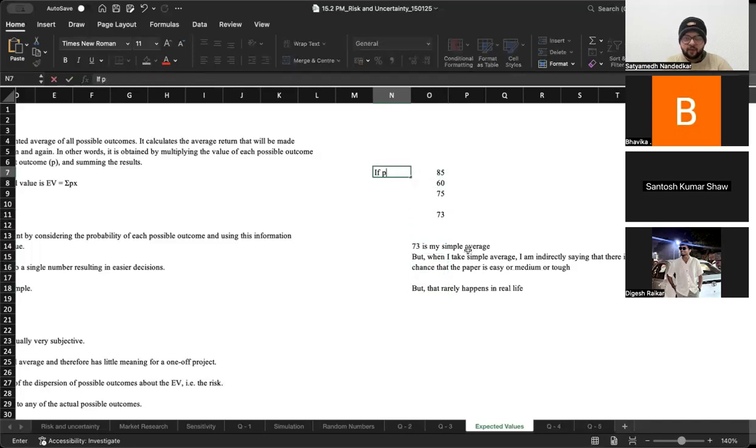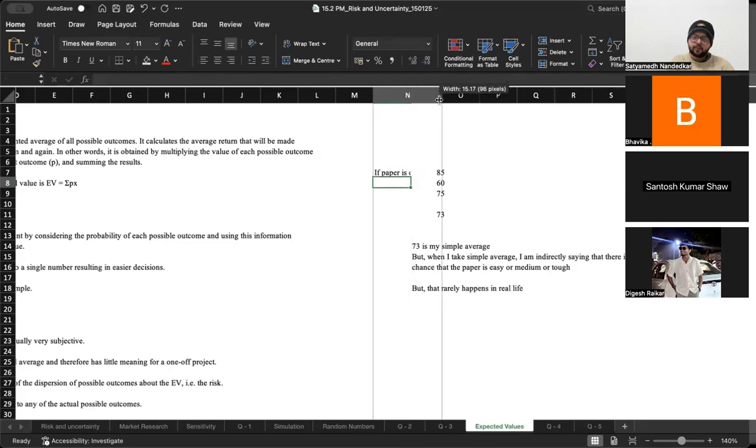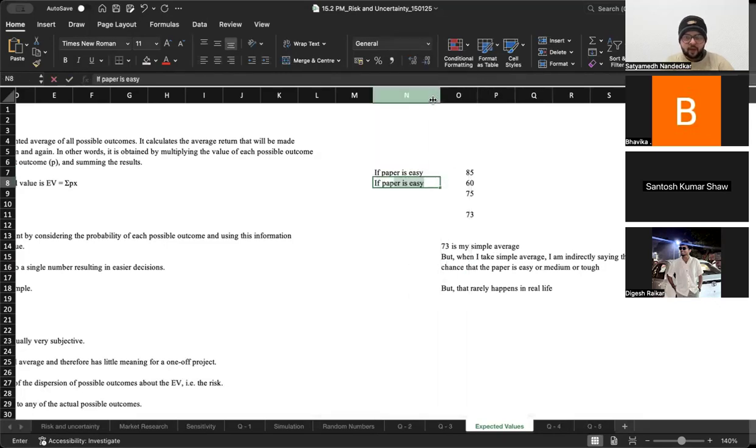So if the paper is easy, if the paper is tough, and if the paper is medium, when you give me this average number, I tell you, yaar, that means you are saying that there is an equal probability कि paper easy भी आ सकता है, tough भी आ सकता है, medium भी आ सकता है, but that doesn't happen.